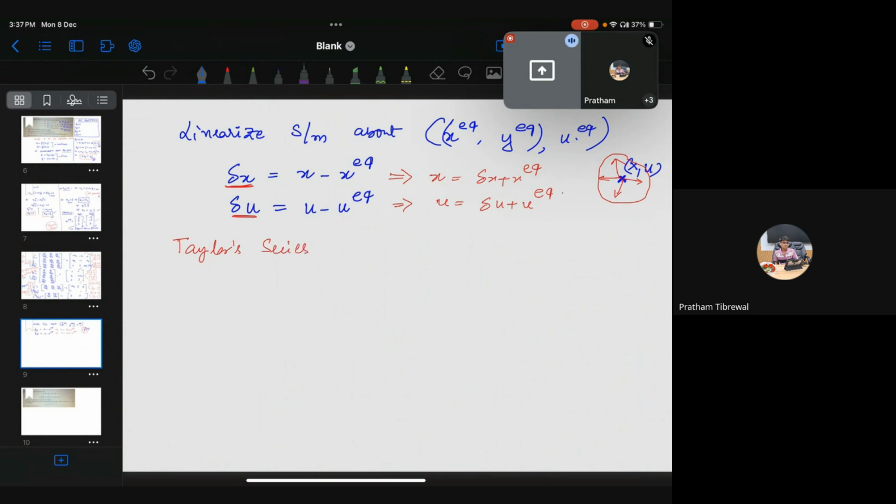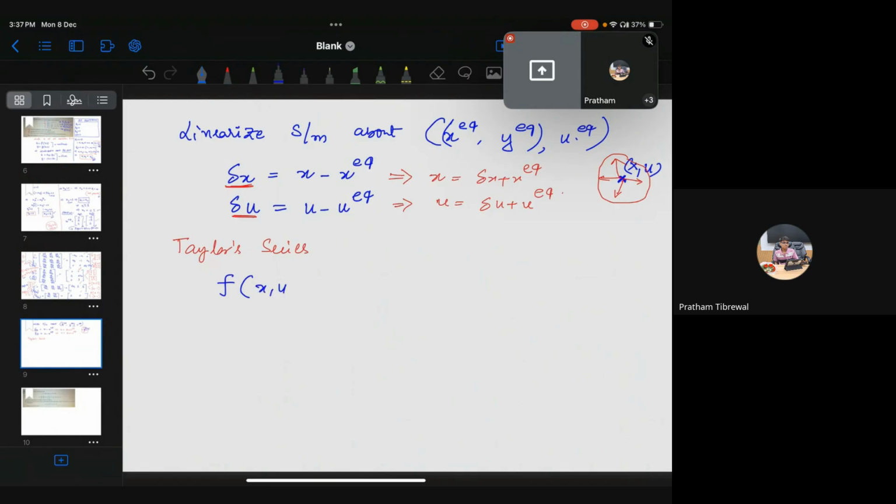How could you write the Taylor series? In general, what is the Taylor series?